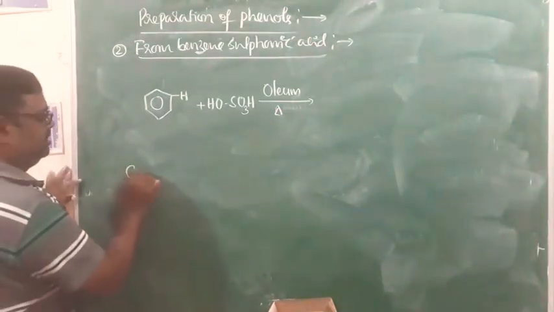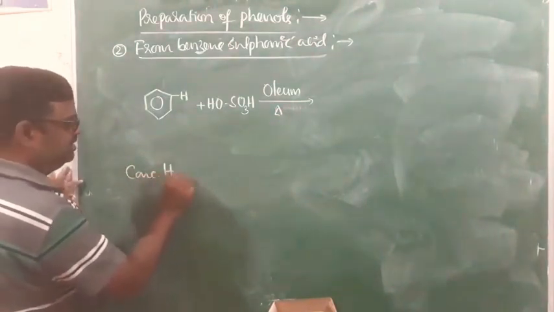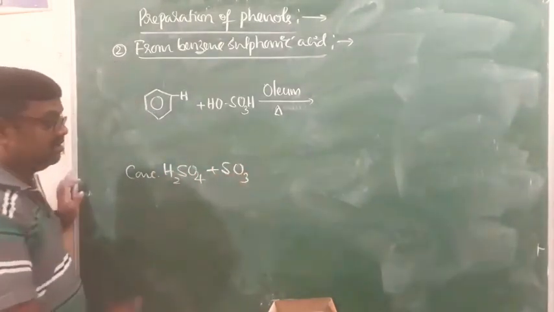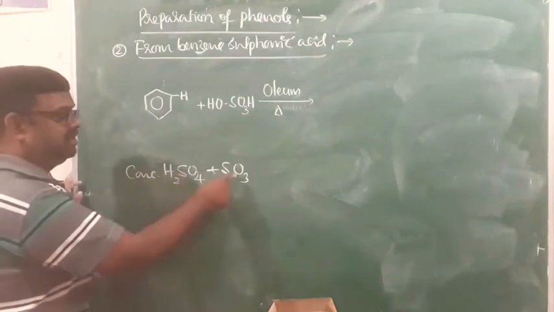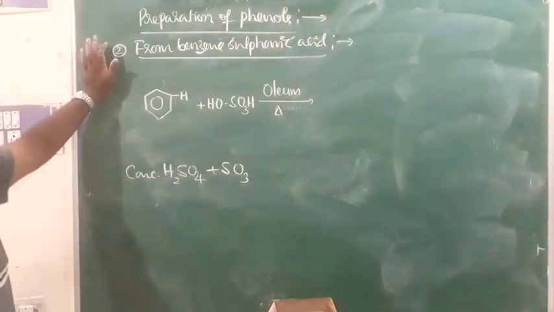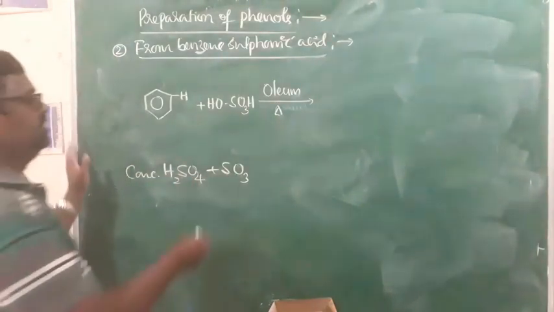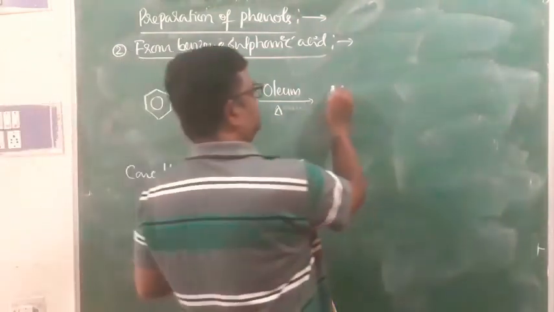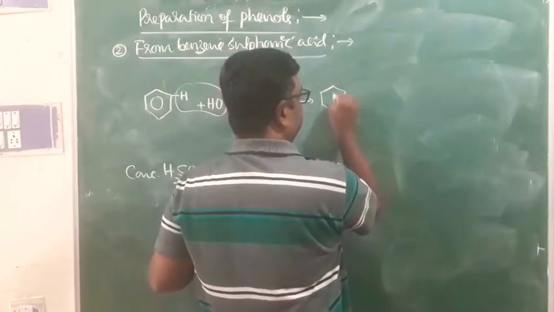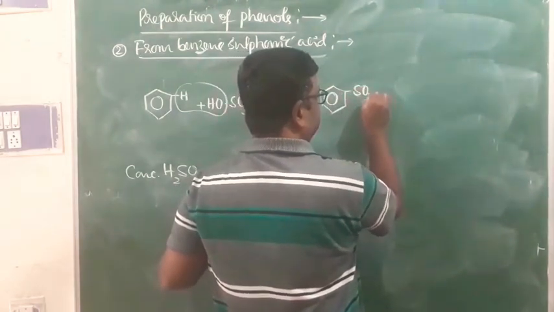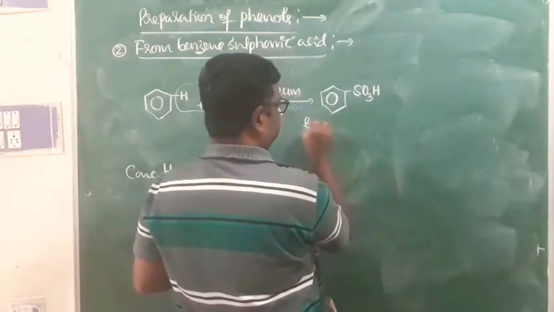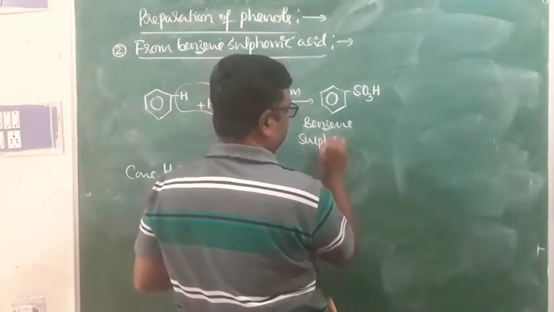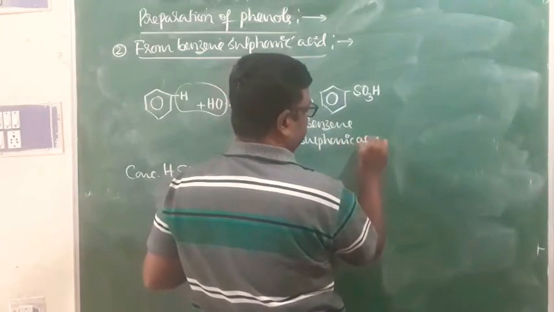Oleum is concentrated sulfuric acid saturated with sulfur trioxide, and it is fuming sulfuric acid. This results in the formation of benzene sulphonic acid.